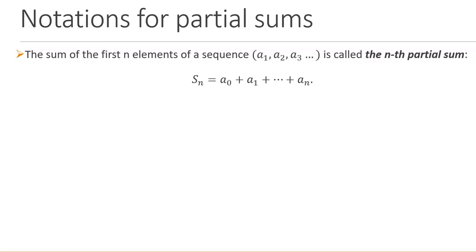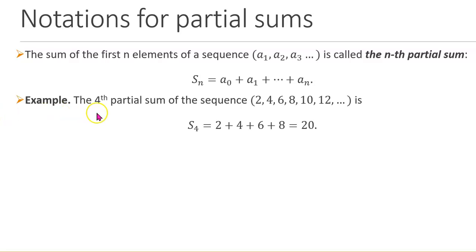Okay. Now, what is a partial sum? If you have a sequence a1, a2, a3, and so on, the nth partial sum is simply the sum of the first n terms of the sequence.